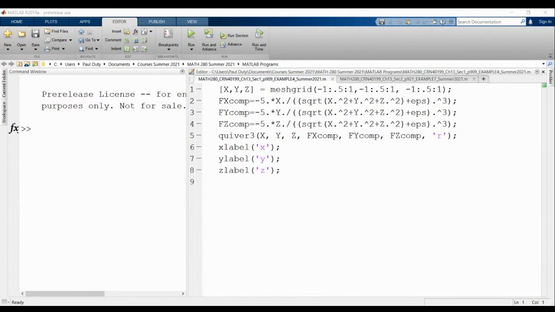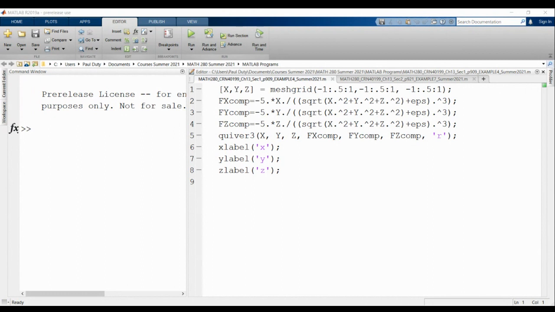And then I'm dividing all those components by the distance that the person is from the center of the Earth, raised to the third power. Well, raising to a power also requires a dot in front of the operator.